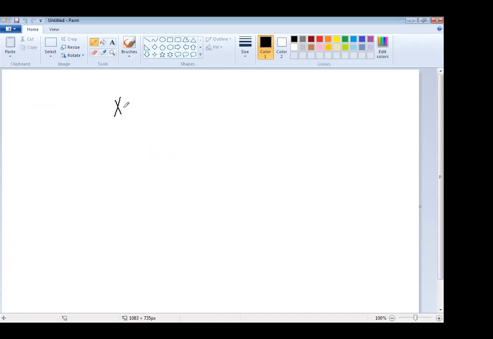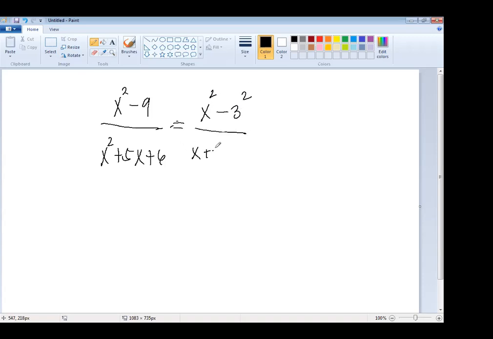For example, we have x squared minus 9 over x squared plus 5x plus 6. Remember that this one can be formed into the difference of two squares, so we can write it as x squared minus 3 squared. And then here we can factor as x plus 2 and x plus 3, right?